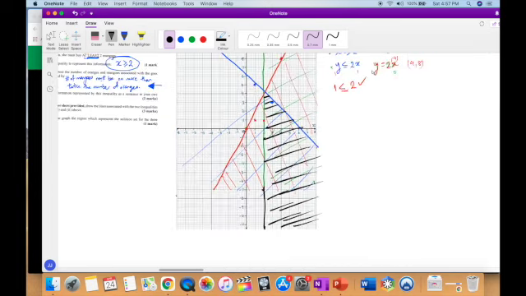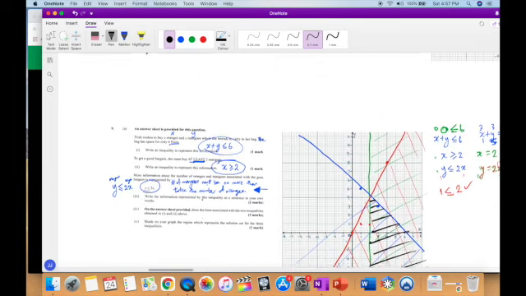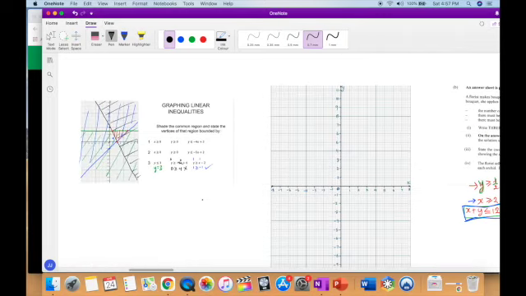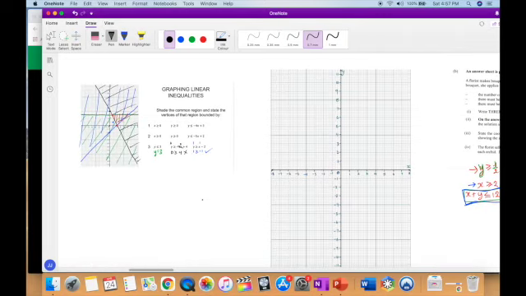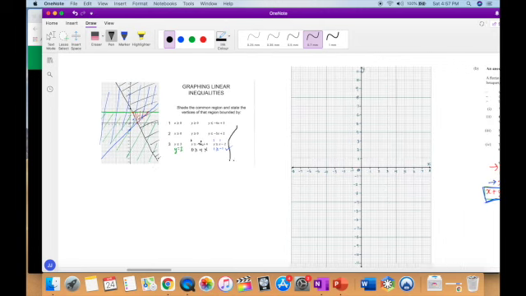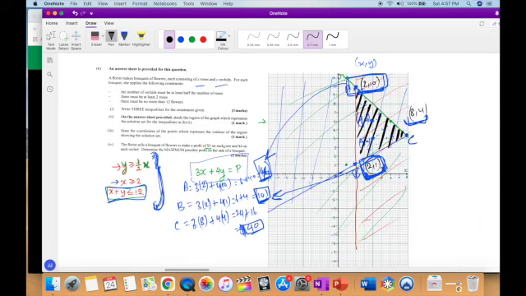Right? So that's it for inequalities. You guys got a taste of the paper 1 inequalities, what that looks like, which is basically just drawing them, and the paper 2 inequalities when it comes to actually interpreting them.